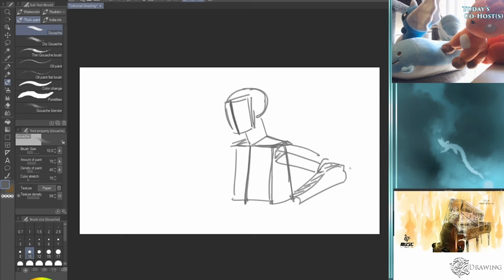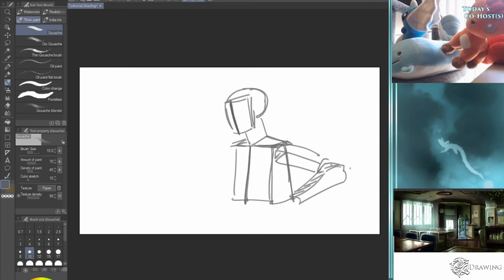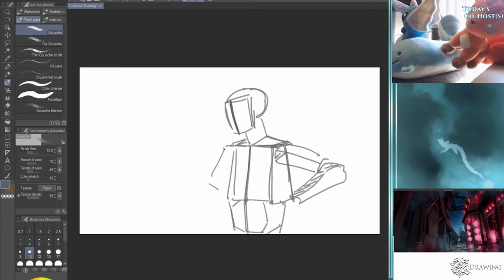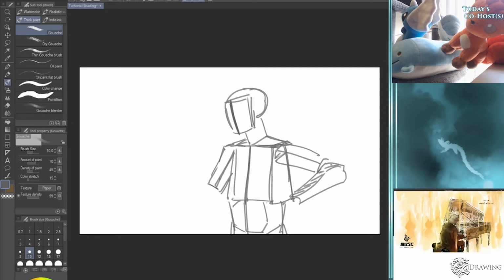Now you might look at your arm and say, but then my arm doesn't have corners. I get it. But you need to be able to simplify in order to do the shading effectively. If you don't, you're just going to get mush and you're not going to know what to do about it. Now eventually, you don't need to simplify, but that's at a point where you've so well understood the things that are here that you don't need to think about it so much.